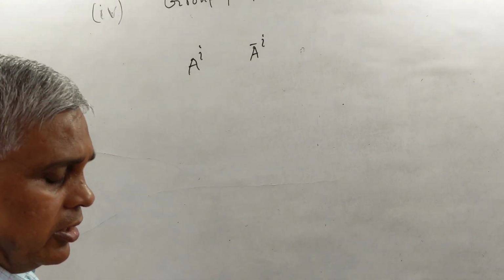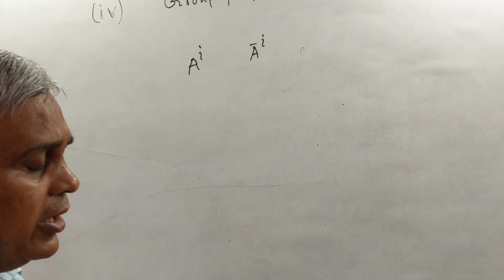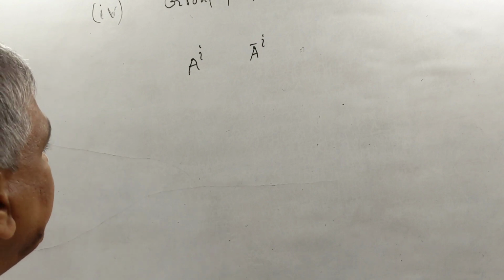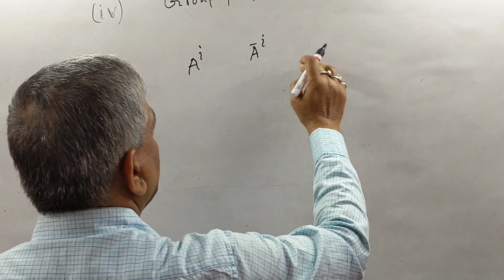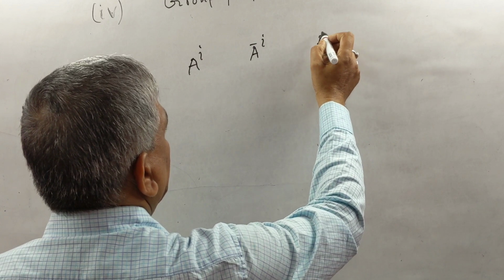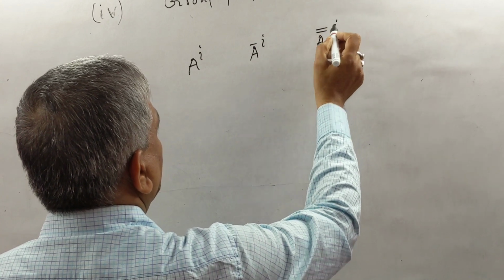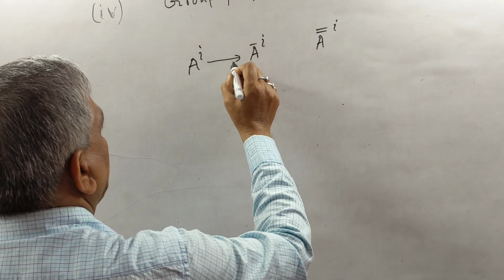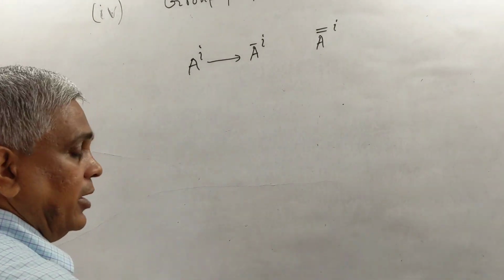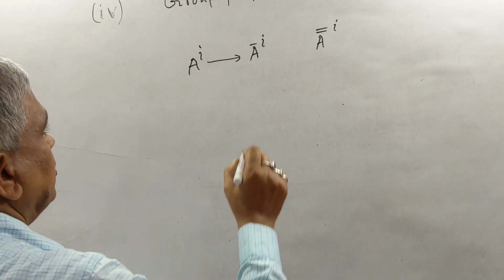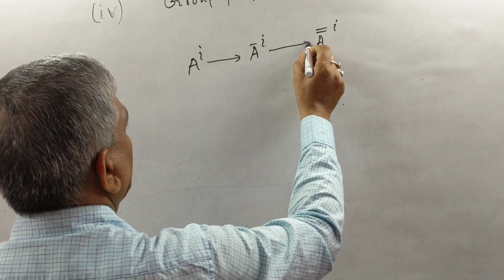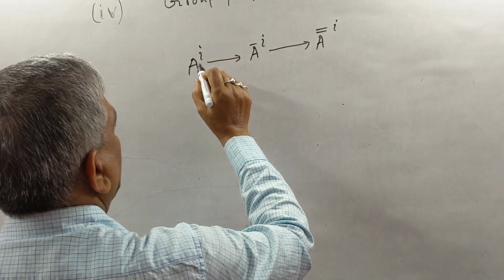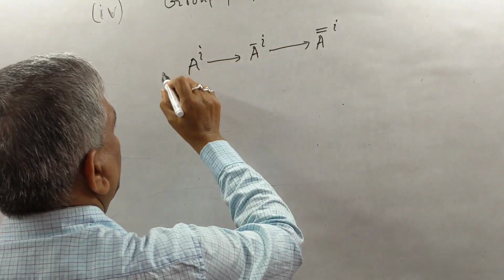Let we consider one more system, that is X double bar system of coordinates. Its corresponding value is A double bar i. We may get transformation from A i to A bar i, and also A bar i to A double bar i.